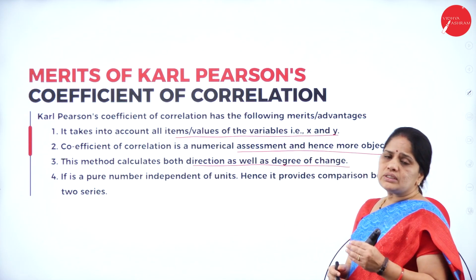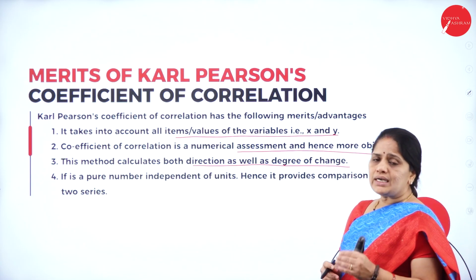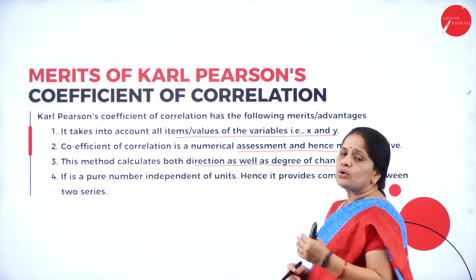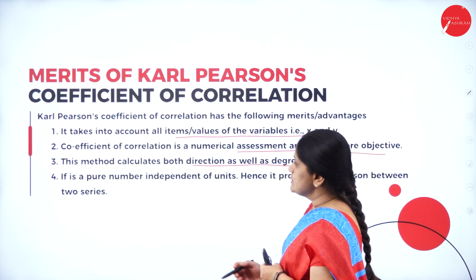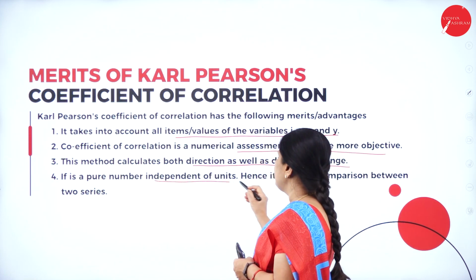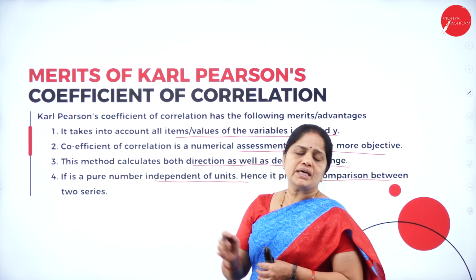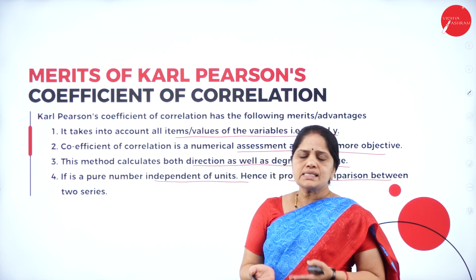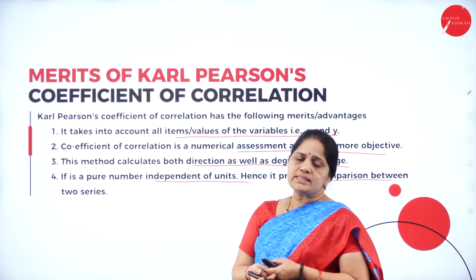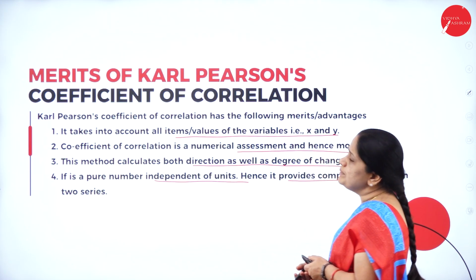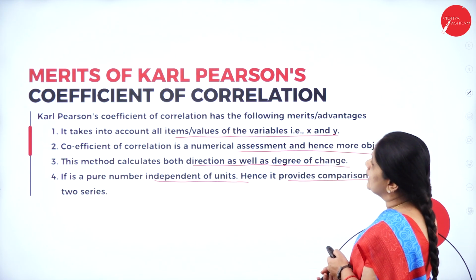So we also know the direction as well as to what extent there is a positive correlation or a negative correlation between the variables, and it is a pure number independent of units. Hence, it provides comparison between the two series. So, we find that these are the merits of Karl Pearson's coefficient of correlation.